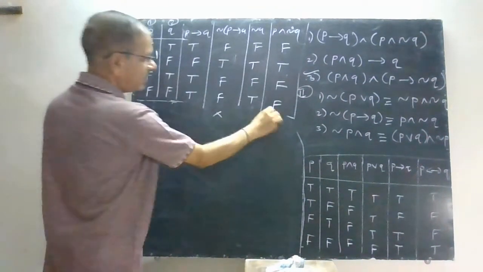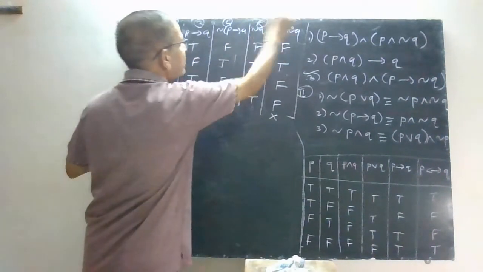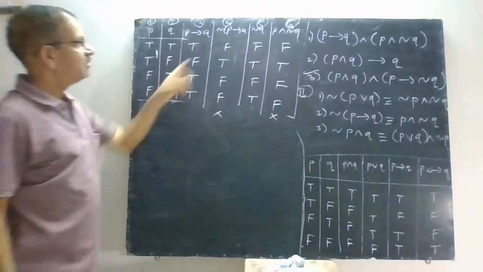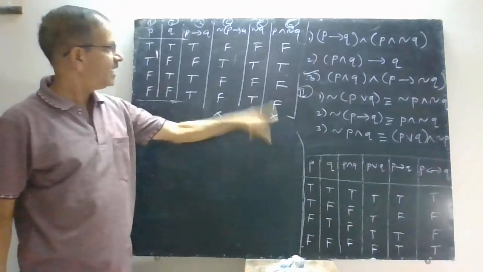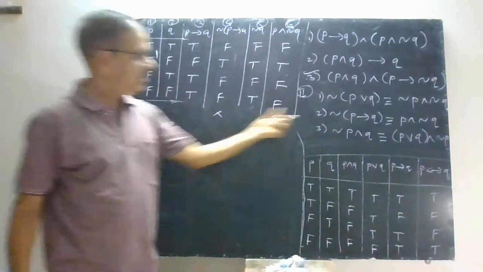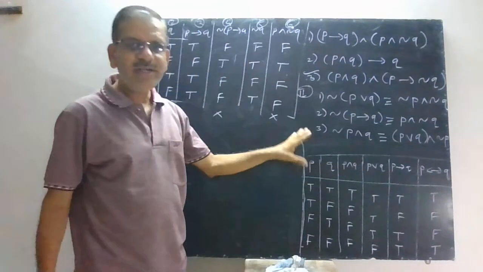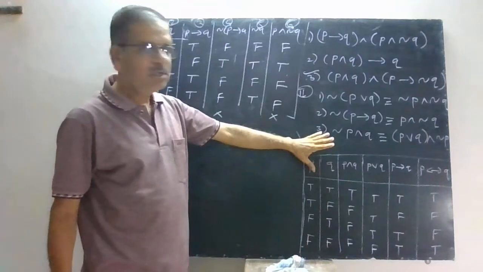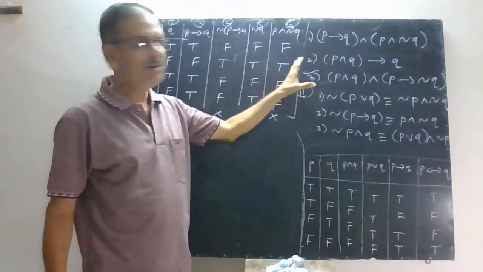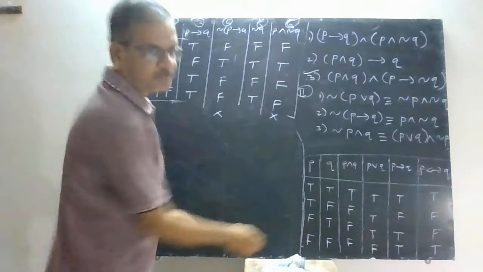Suppose this is 3, this is 4, this is 5, and this is 6. You can observe column 4 and column 6 are identical, F, T, F, F, and hence this statement pattern is equivalent to this statement pattern. So it is not difficult to prove the logical equivalence if you know how to prepare a table for a given statement pattern.